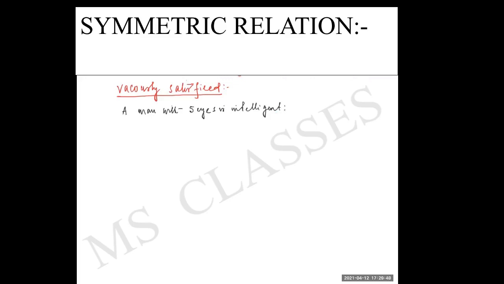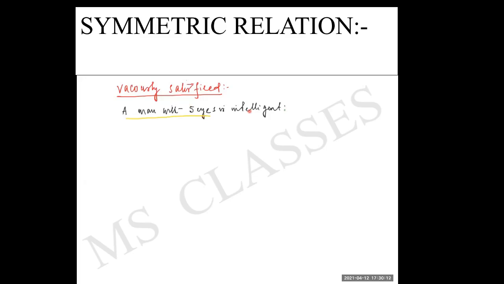Here the statement does not say whether a man can have 5 eyes or not. Here the sentence is saying, when a man is having 5 eyes, the person is intelligent.